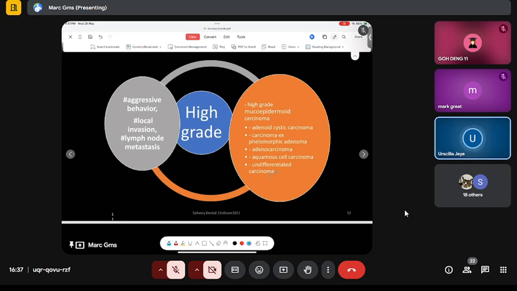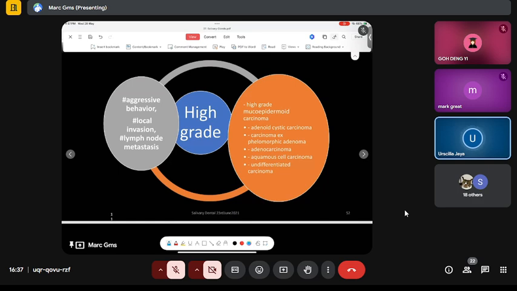Even though the deep lobe is not involved and there are clinically no neck nodes, we still have to explain to the patient that we have to go in for a completion parotidectomy, basically to remove the deep lobe, and we will proceed with a selective neck dissection if the N is 0. If it's N1, then we proceed with a modified radical neck dissection.